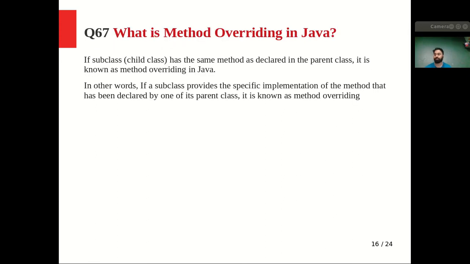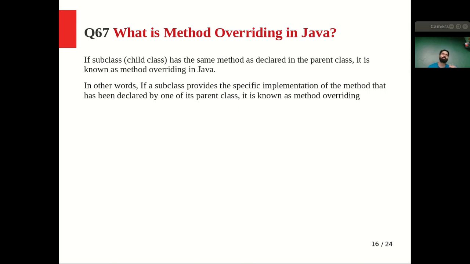The next question you may get: what is method overriding in Java? This is an important question. If a subclass or child class has the same method as declared in a parent class, then it is known as method overriding in Java.